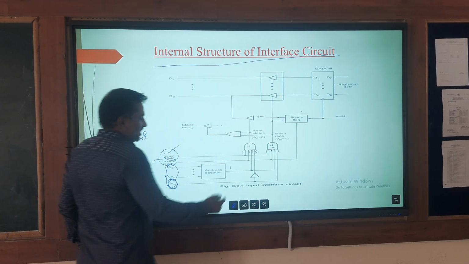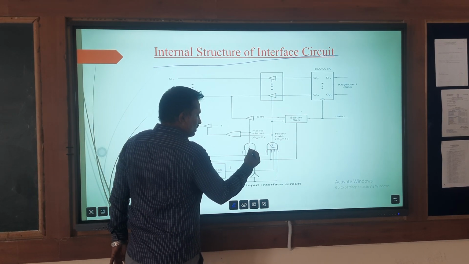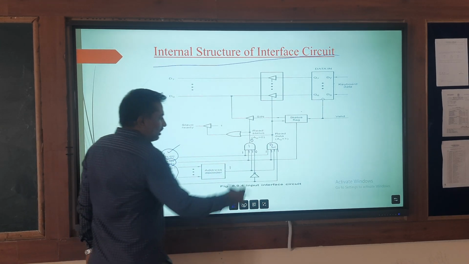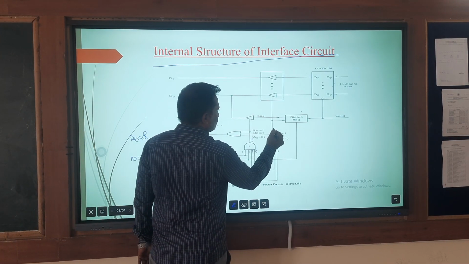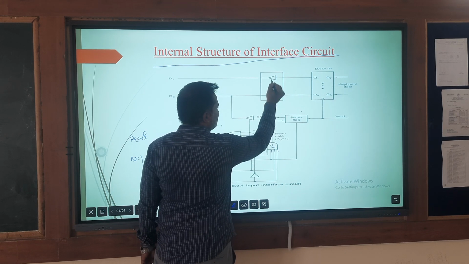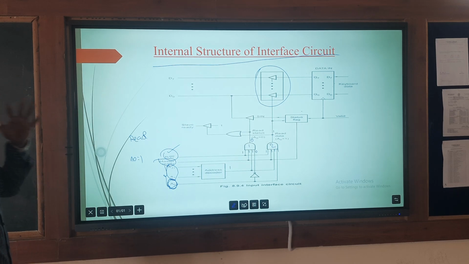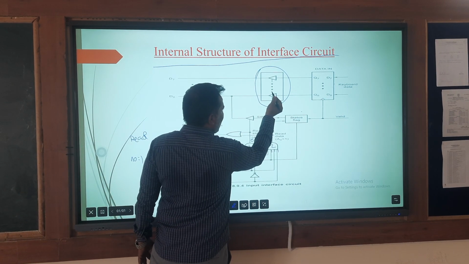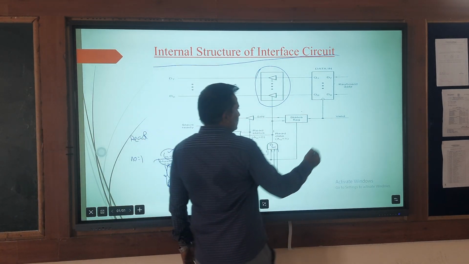Now see my dear friends, if one of the inputs of the AND gate is equal to 0, then obviously the output of the AND gate will be 0. When all the inputs of the AND gate become 1, the output becomes 1. Now this will be applied as the signal for the tri-state buffer, which may also be treated as drivers, and this signal will be used as an enable signal for the tri-state buffers. Now see this one.